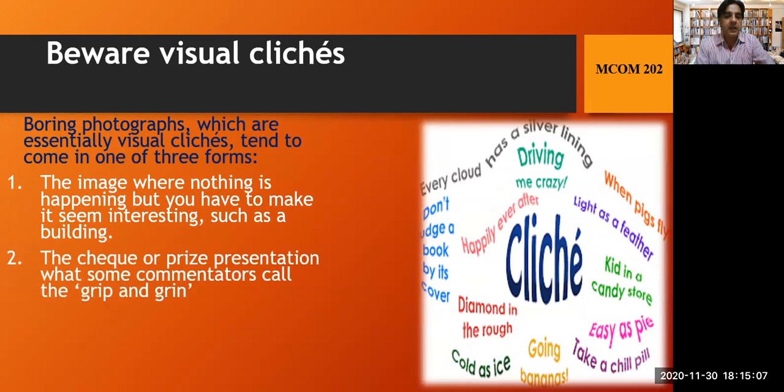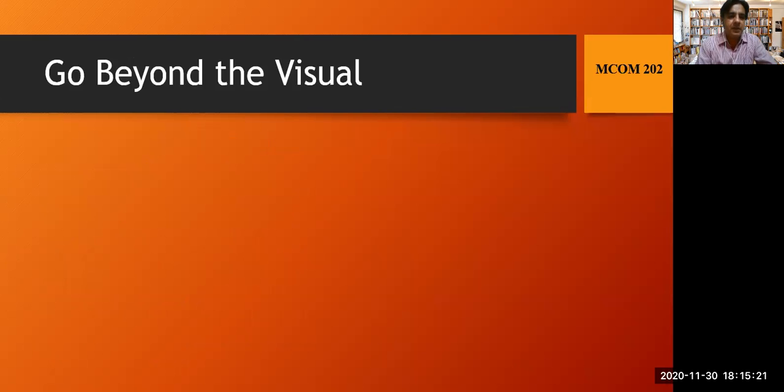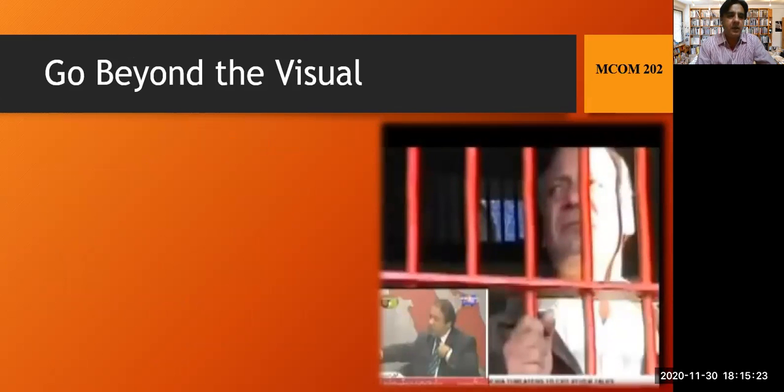The check or prize presentation, what some commentators call the grip and grin. The large group, a board of directors or a group of politicians. These are called dead pictures, and you have to make them creative. So you should go beyond the visuals.